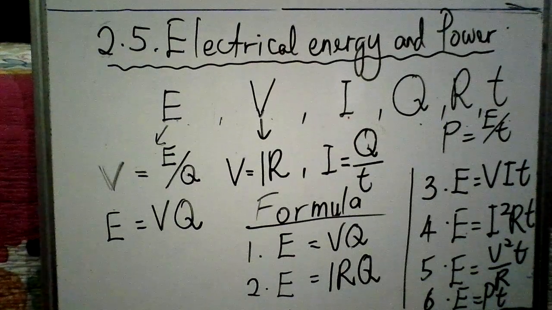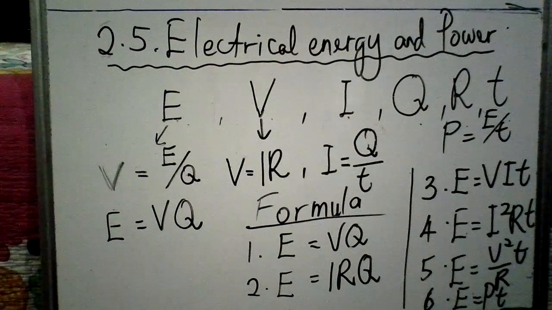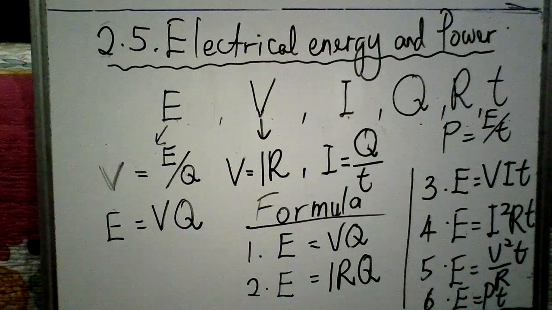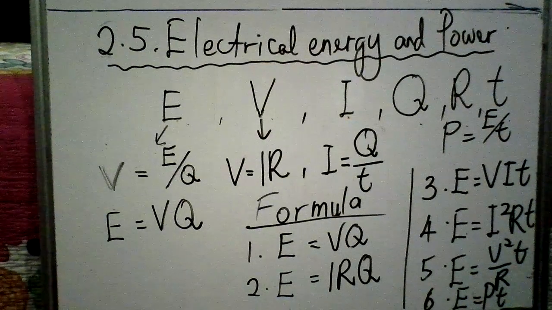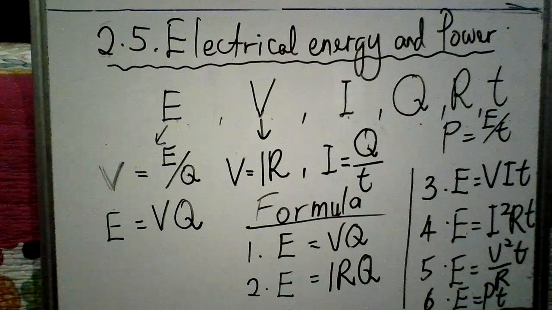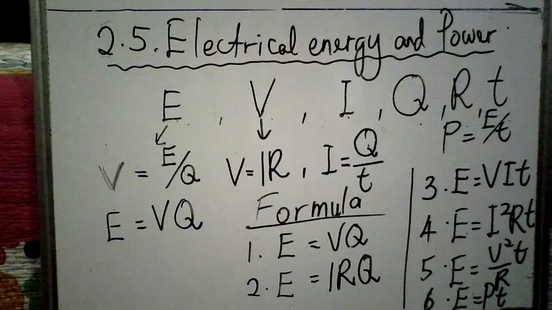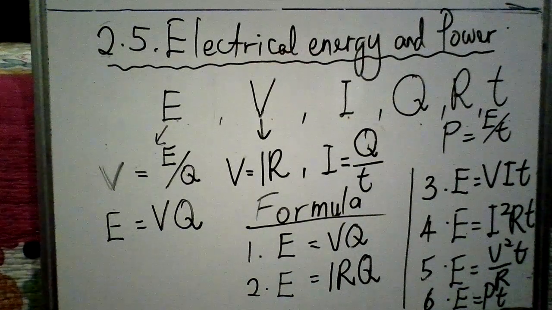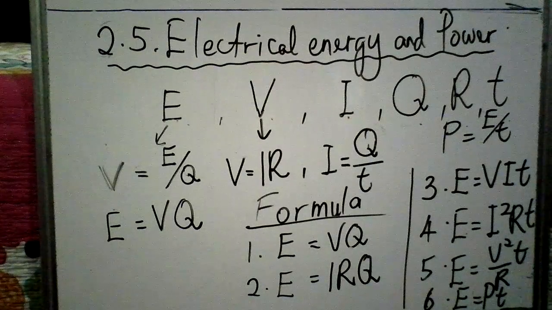So electrical energy is defined as the ability of the electric current to do work. Electrical energy is supplied by a power source like a battery or any power supply. Once the current flows, electrical energy will be converted to work done or transferred to other forms of energy.